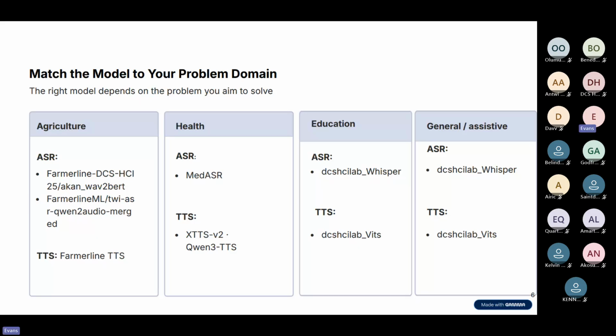And if you are doing something more assistive by design, you want to build a product that works all around, the perfect models to consider are the lab's models. That's the Whisper and Wave2Vec models, and also VITs models for TTS on various Akan languages.